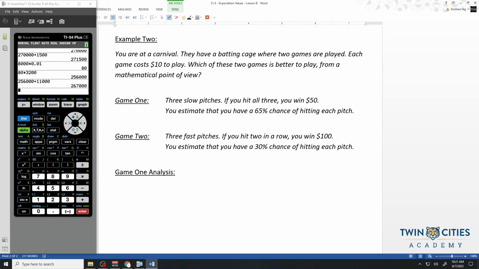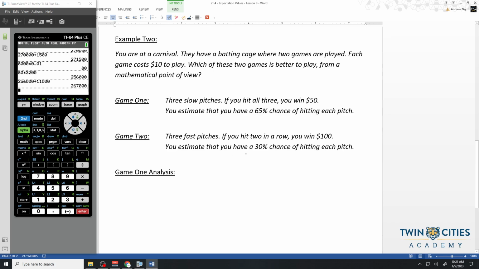The probability of hitting one pitch is 65%. So we're assuming that for both of these games, you're kind of like a machine. You don't get tired, you don't slow down, you just keep going at 65% for game 1, and you keep going for 30% for game 2.